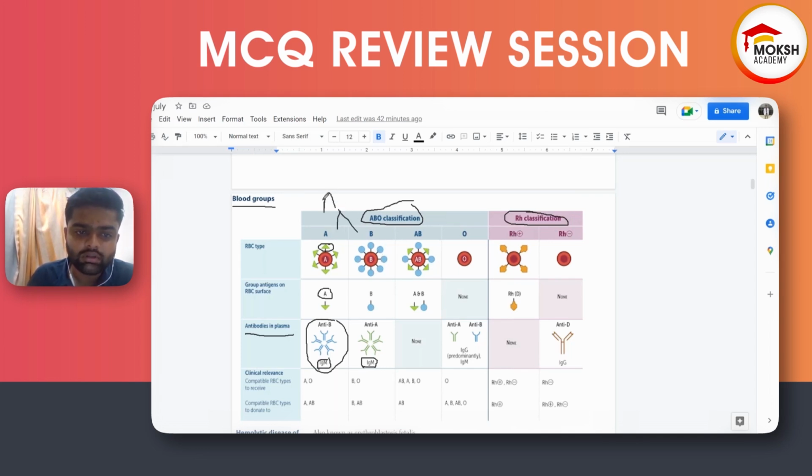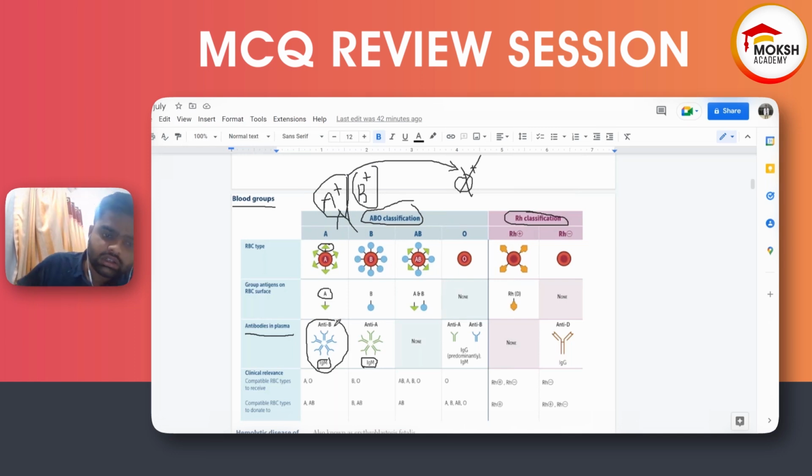Whenever the mother is A positive or B positive and the child is O negative, there won't be any antibody.